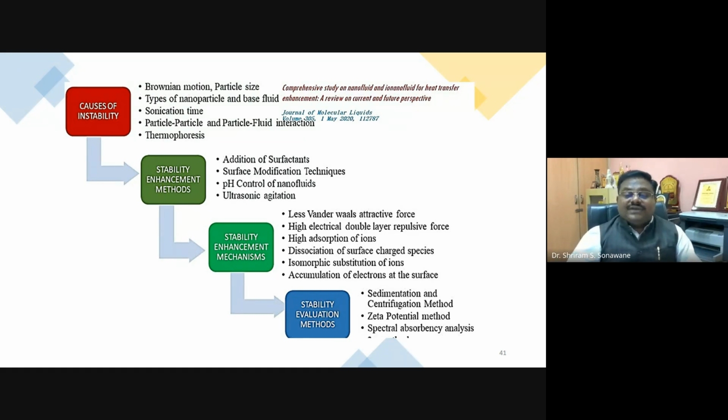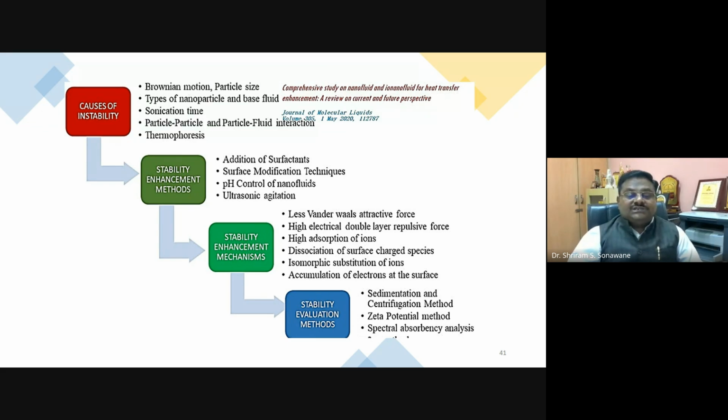Because electrostatic stabilization, which absorbs ions, can create an electrostatic double layer around the nanoparticles, repelling each other and preventing aggregation. So in that sense, I'm talking about high absorption of ions. Then steric stabilization, charge neutralization, dispersion enhancement, reduced vulnerable forces. So this is in terms of high absorption of ions.